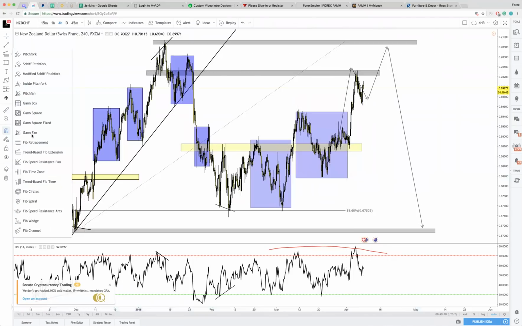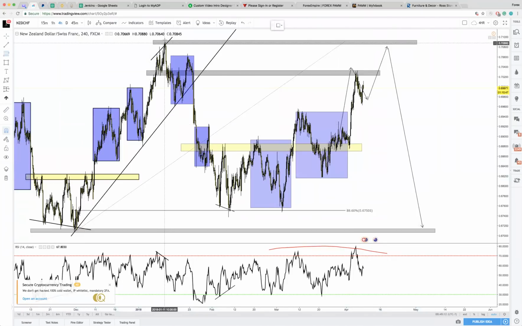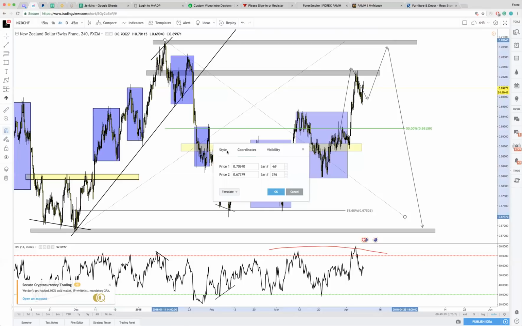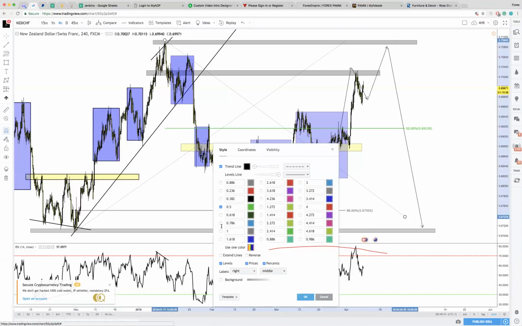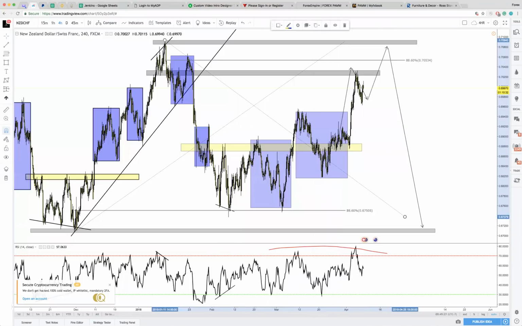So a lot of times at the 88.6, you might see a retracement, but let me draw it out really quick. 88.6, yep. Okay. So we'll wait it out.